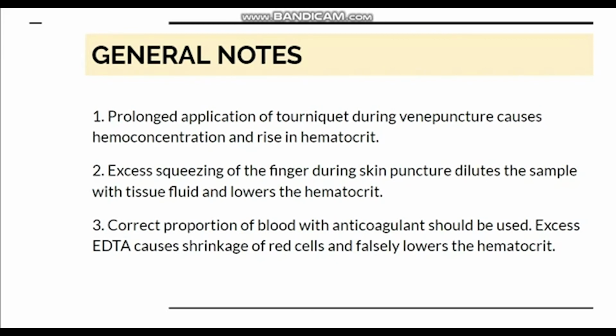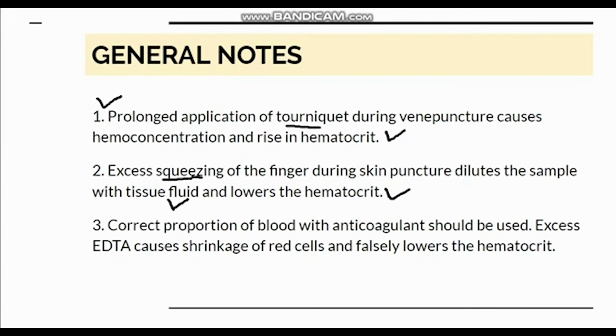Going to the important things which can change the PCV. Firstly, during blood collection, prolonged application of a tourniquet will increase the hematocrit. Also, excess squeezing of the finger during skin puncture will dilute the sample with tissue fluid, and this will lower the hematocrit.